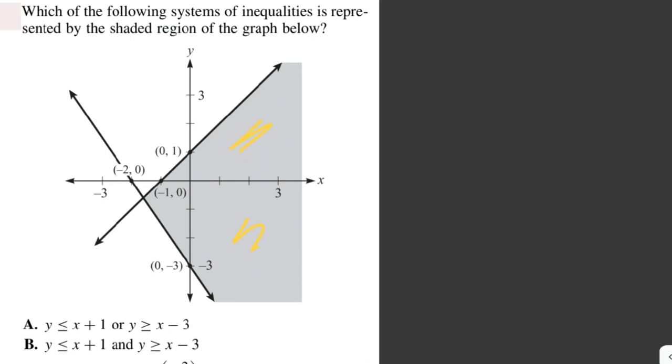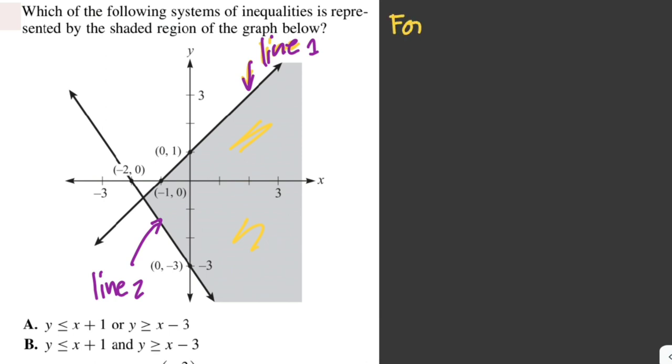Now to find the system of inequalities, we just have to find the equation of each line. Since we are given 2 points for every line, let's say this is line 1, and this is line 2.